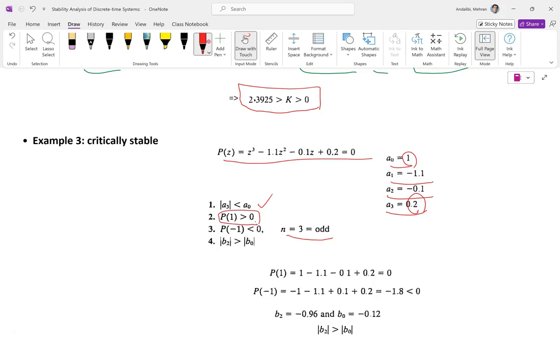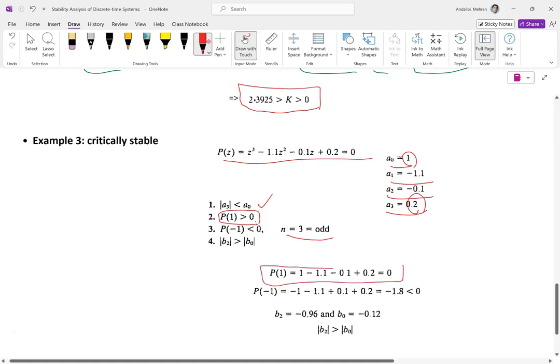But if this condition is not satisfied, but at the boundary, so it's not bigger than 0, it's equal to 0, that could be a sign that your system is critically stable, if the other tests don't fail. So if P of 1 is bigger than or equal to 0, in this case equal to 0, that might be a critically stable system. So we need to look at the other conditions, to see if they are valid.